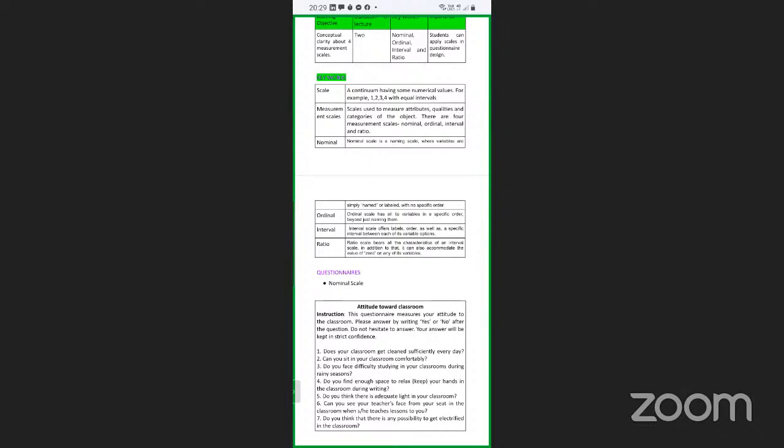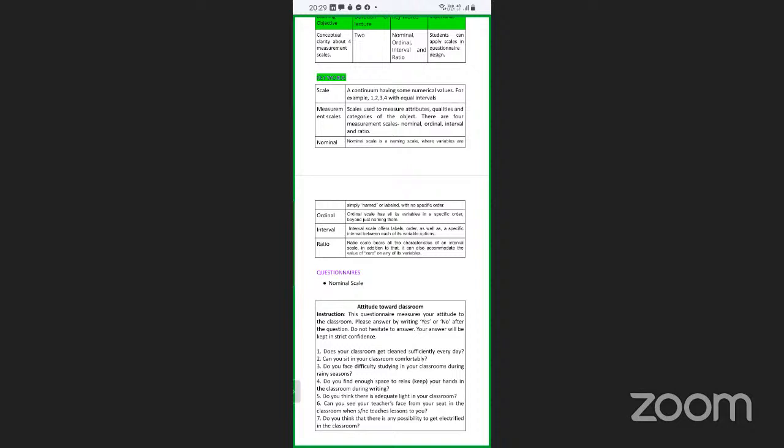First, second, third, fourth, fifth. So all of them are ordinal scale. Now, when we deal with nominal scale based data analysis, we are giving importance on the frequency and percentage.